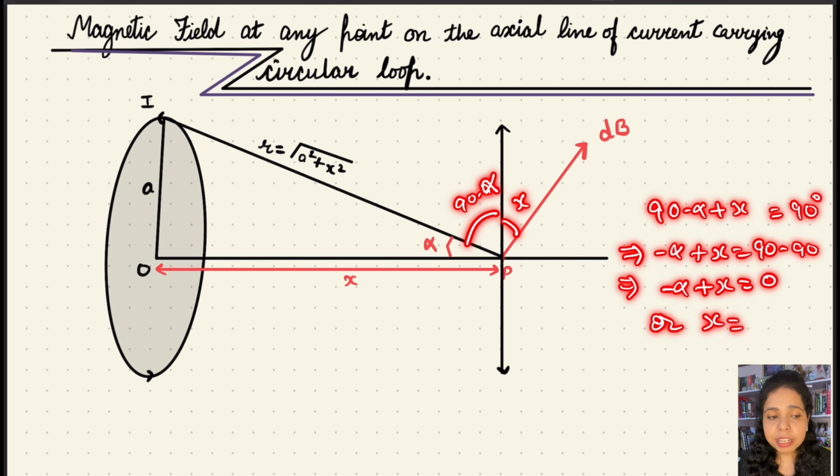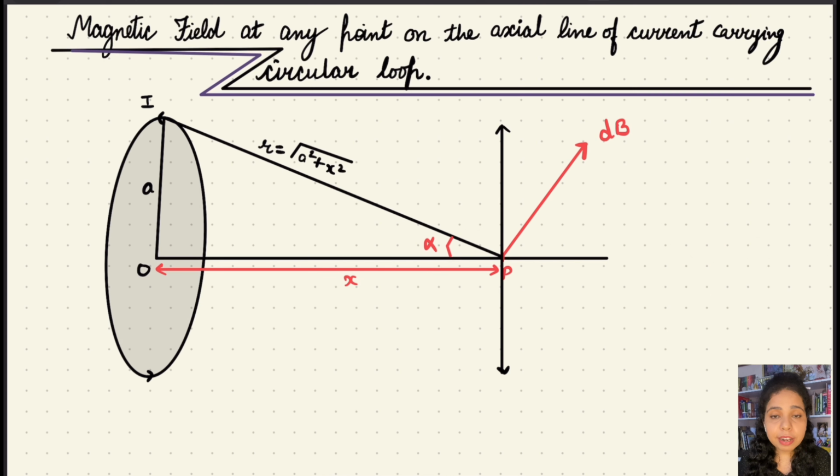So that means dB is making an angle alpha with the y-axis. If dB is making an angle alpha with the y-axis, that means it could be divided into two components, along the x-axis and along the y-axis. The component of dB along the y-axis will be dB cos alpha, and the component of dB along the x-axis will be dB sin alpha.